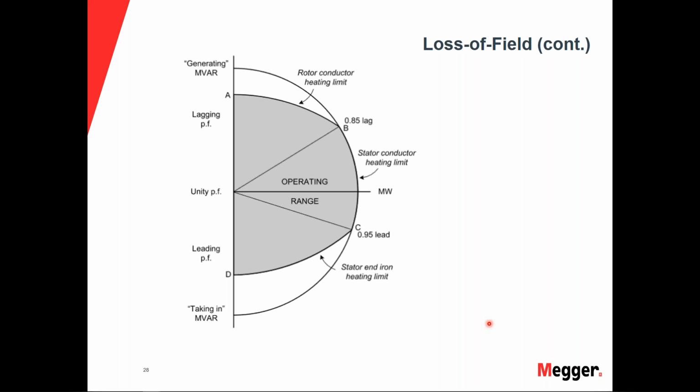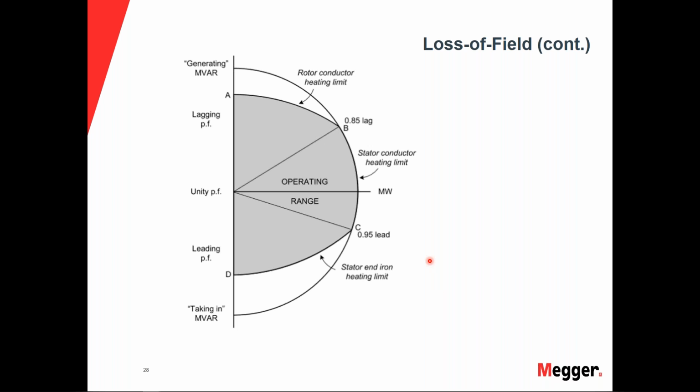Within a matter of seconds, we need to reestablish the excitation system to make sure the generator doesn't fall out of synchronization with the grid. If the generator loses the excitation at full load, then it'll actually draw in VARs from the system.